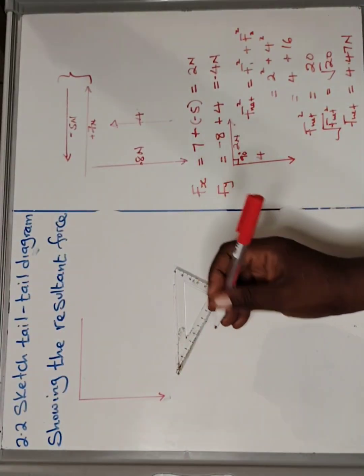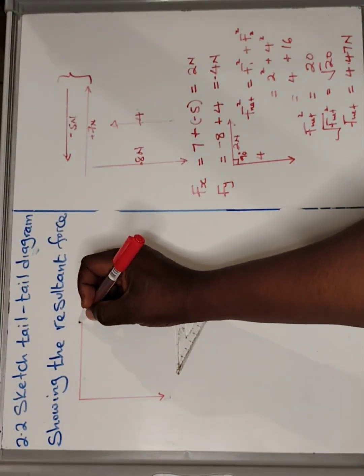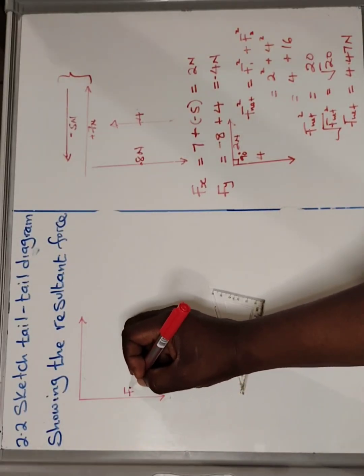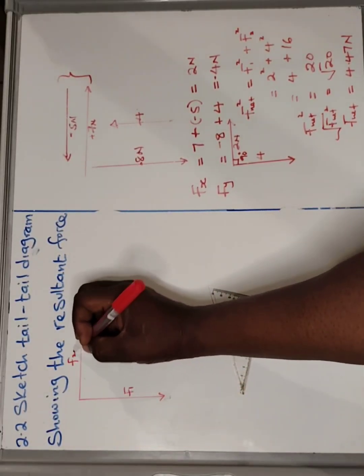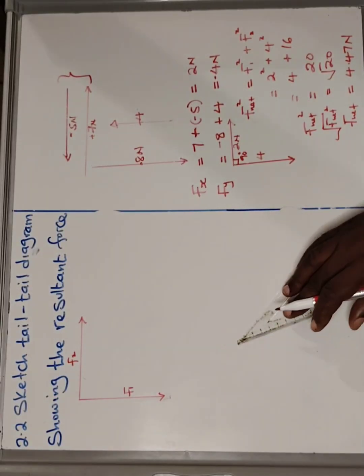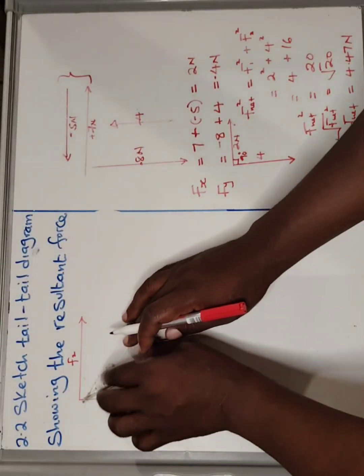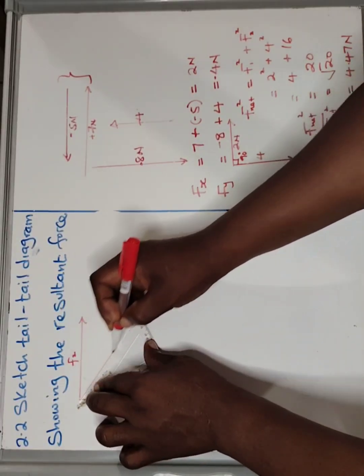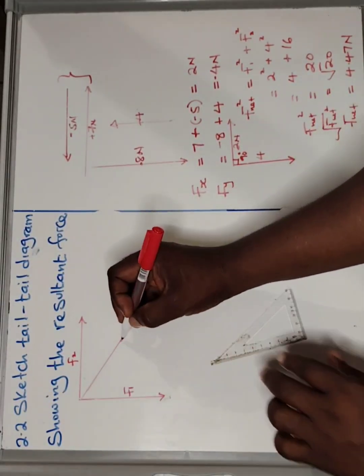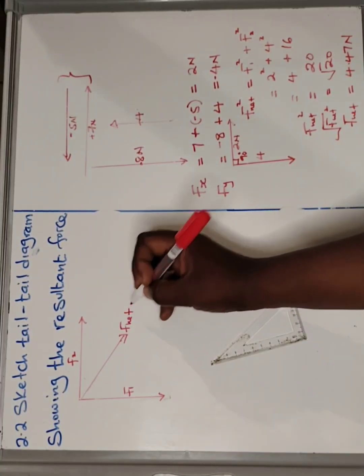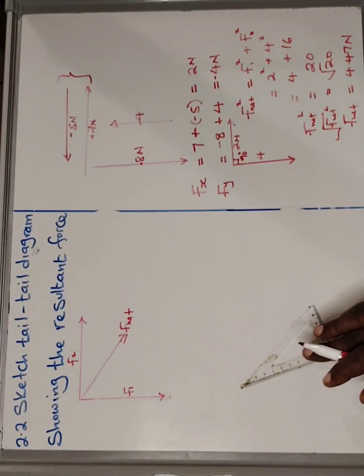Going like that. So, if this is our F1 and this is our F2, where do you put the F net or F resultant? F resultant is in this direction. So this is our F net.